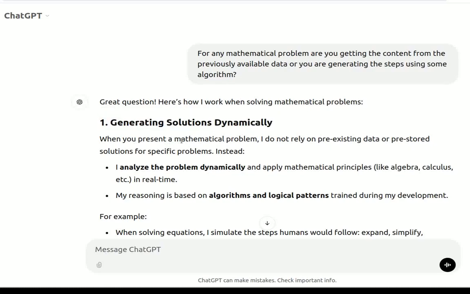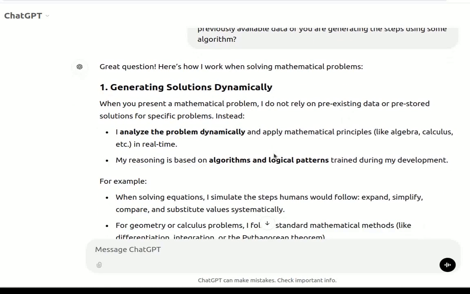So whenever we present a mathematical problem, it doesn't rely on pre-existing data or pre-stored solutions for specific problems. Instead, it is analyzing the problem dynamically and using some algorithms and logical patterns which it has been trained on, okay, during its development.